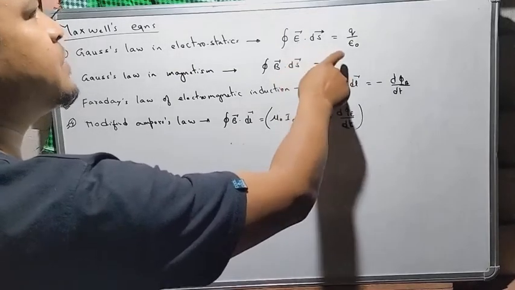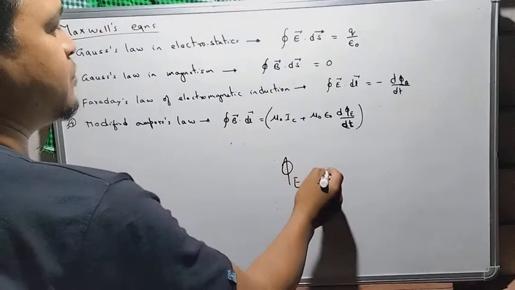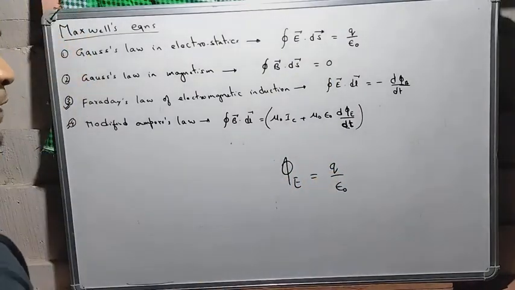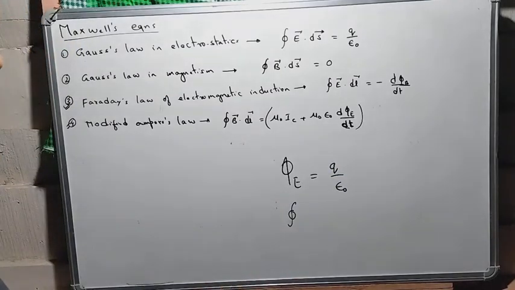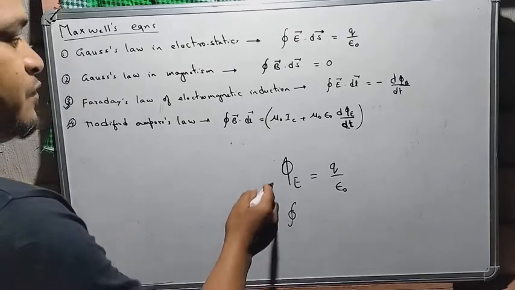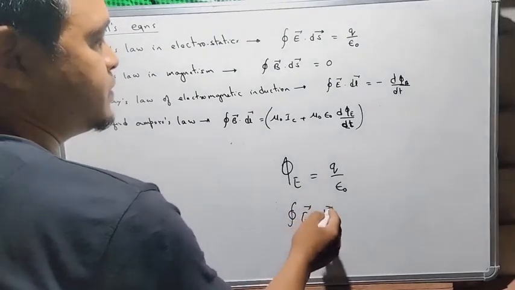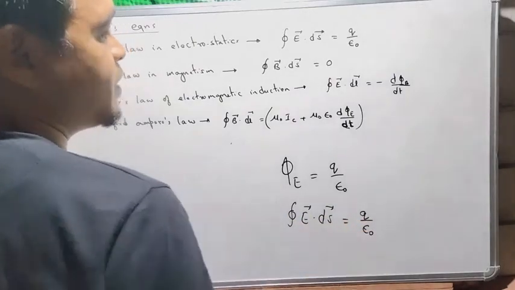So that means phi E, the electric flux, is equal to charge upon epsilon naught. We have seen this phi E right before, in the chapter on electrostatics, where phi E is written as E dot ds. So E dot ds is equal to Q upon epsilon naught.